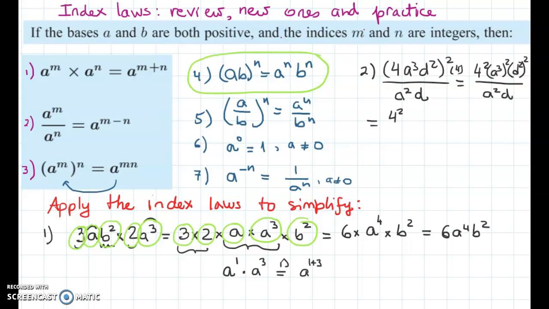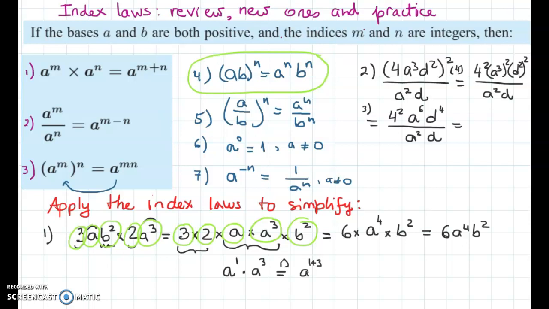We have a to the power of 3 to the power of 2, so I'll use the property number 3 that says that to do the power of a power I multiply the exponents, so a to the power of 3 times 2 is a to the power of 6. And then we have d to the power of 2 to the power of 2, so d to the power of 4, and then divided by a squared d.